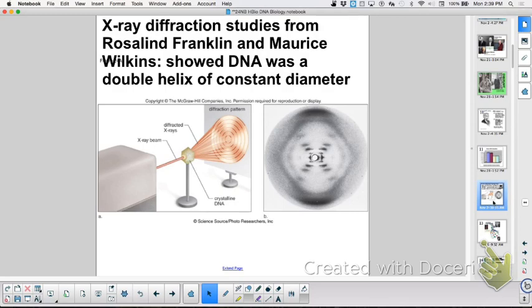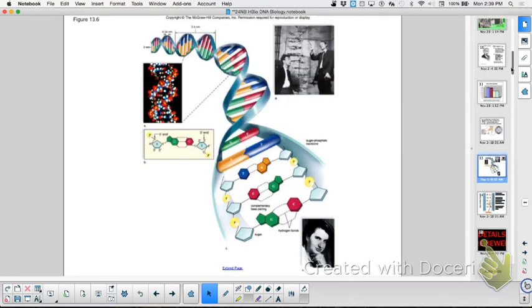And they could see that it was of constant diameter and helical in nature. So now they have: it maintains a constant diameter, it's helical in nature, the number of adenines equals thymines and guanines equals cytosines, and they were chemists, they knew about bond angles, and that's how they came up with the twisting double helix. Okay?